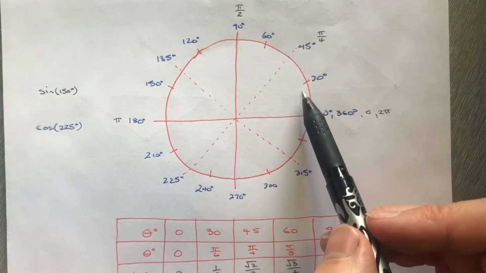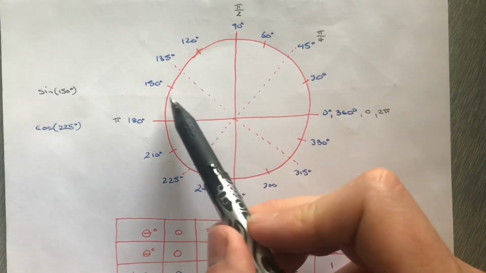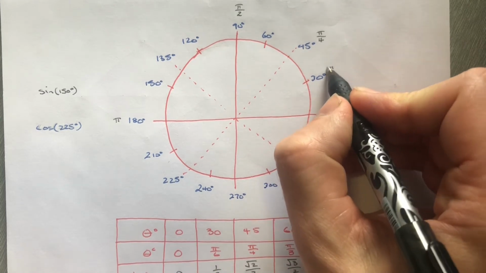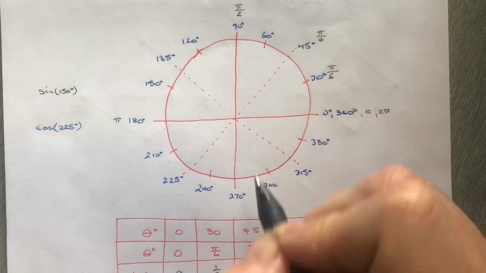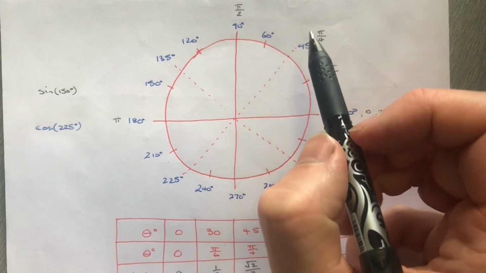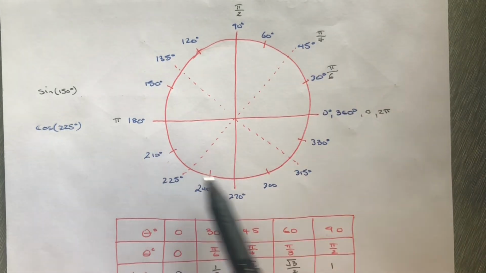So there would be 1, 2, 3, 4, 5, and 6. So 30 degrees would be 1/6 of pi. That would be 2/6. But is 2/6 the most simple fraction? Maybe you can work that out. So that's what I'm going to get you to do. So maybe pause the video and have a go at this by yourself.